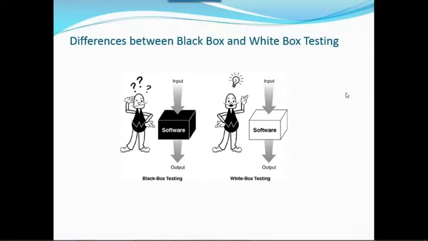We just give the input as per the given requirement, and we check whether the output is correct or not. That is what we need to do. So the black box testers always depend on requirements and functionality. Is it clear?